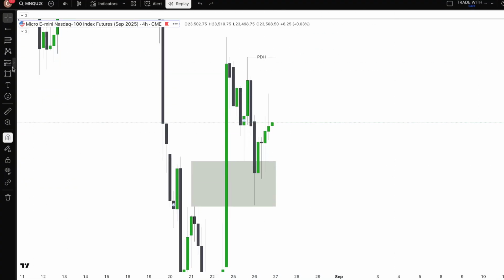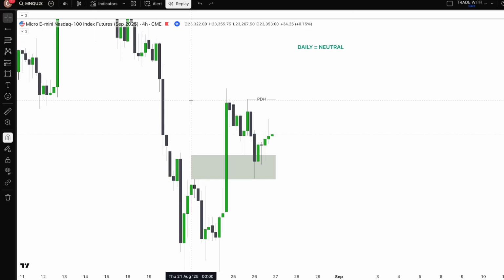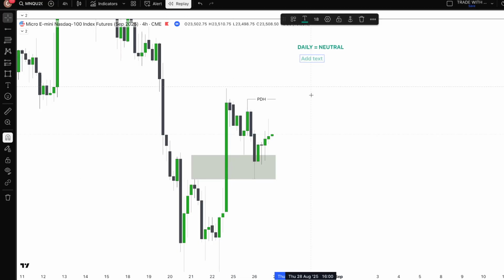Over here we had a very small 4-hour gap, which we have already inversed, because TradingView doesn't give the real-time backtest data. So on the 4-hour I was also neutral, because we're ranging between two gaps, a bearish gap and a bullish gap. So daily and 4-hour, sorry, is gonna be neutral.